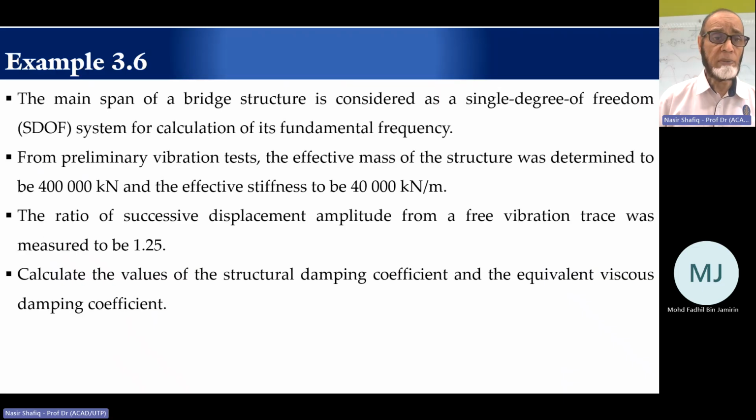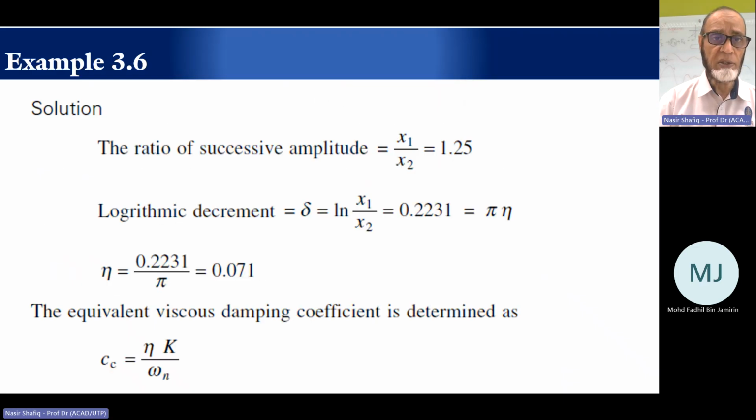The weight is 400,000 kilonewton, and stiffness is 40,000 kilonewton per meter. The ratio of successive displacement amplitudes from a free vibration trace was measured to be 1.25. So calculate the value of the structural damping coefficient and the equivalent viscous damping coefficient with equation 40 just now.